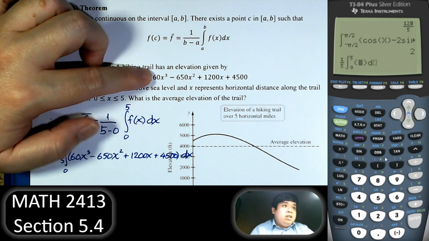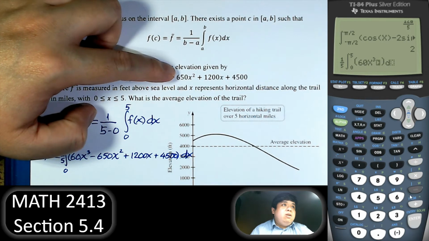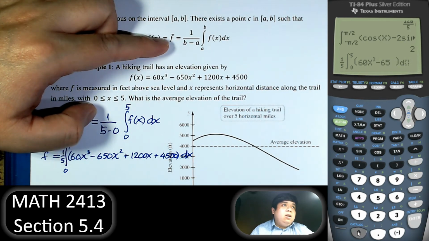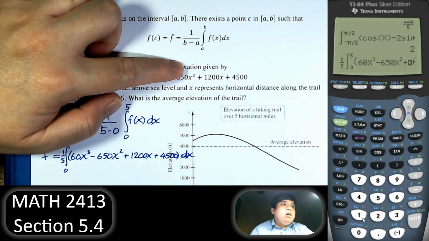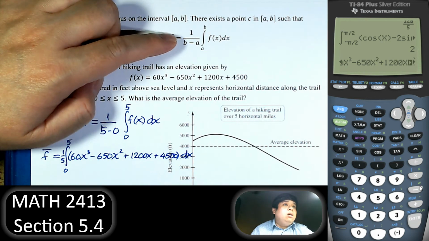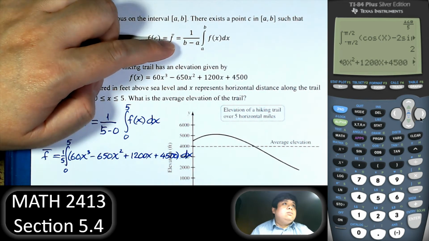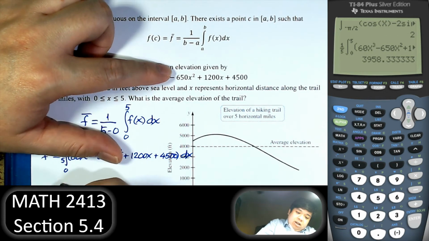The function is 60x cubed minus 650x squared plus 1200x plus 4500 dx.